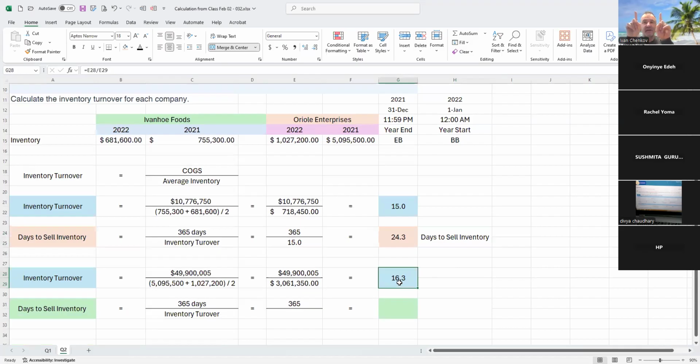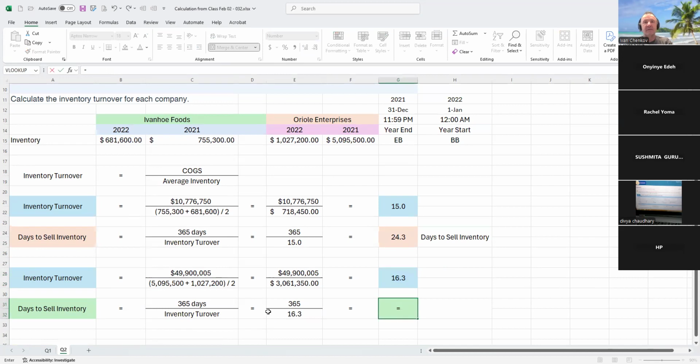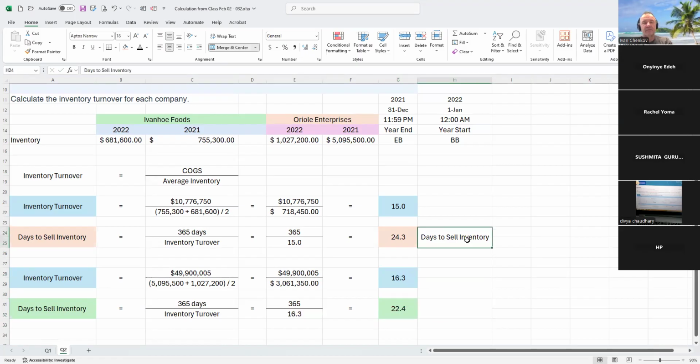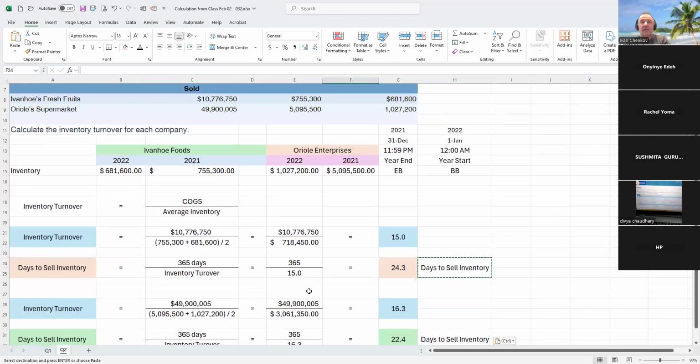So if we plug this number in, what are we going to get? 365 divided by it will be 22.4, and that will be our days to sell. So which company sells faster? The second one. The second one will be better.